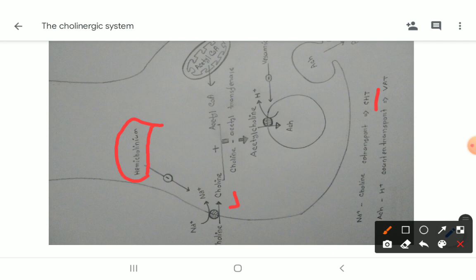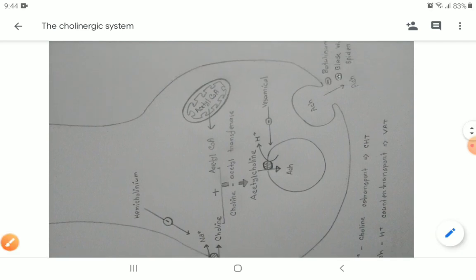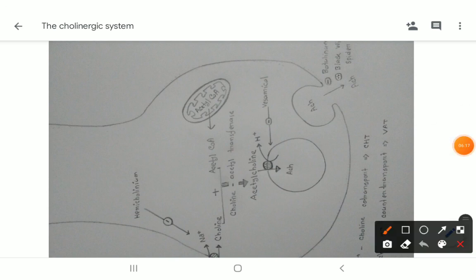Then another drug which is called vesamicol blocks the VAT transporter, the vesicle associated transporter, which blocks the entry of acetylcholine into the vesicle. So vesamicol blocks this path.